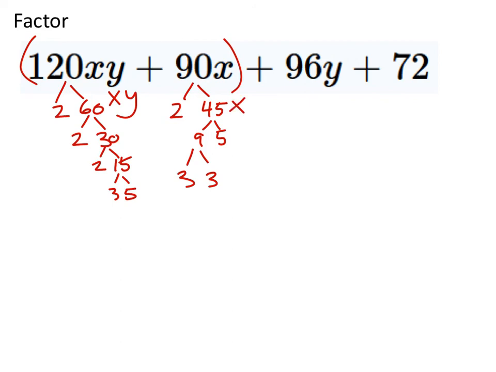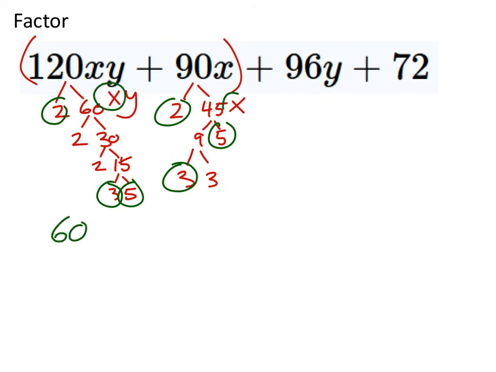So I'm going to identify the x as well. So what can we pull out of this? I've got a 2, I've got a 3 in common, and I've got a 5 in common. So 2 times 3 times 5 is 30. And I've also got an x in common for both of these. And then what do we have left over? Did I miss a 2?